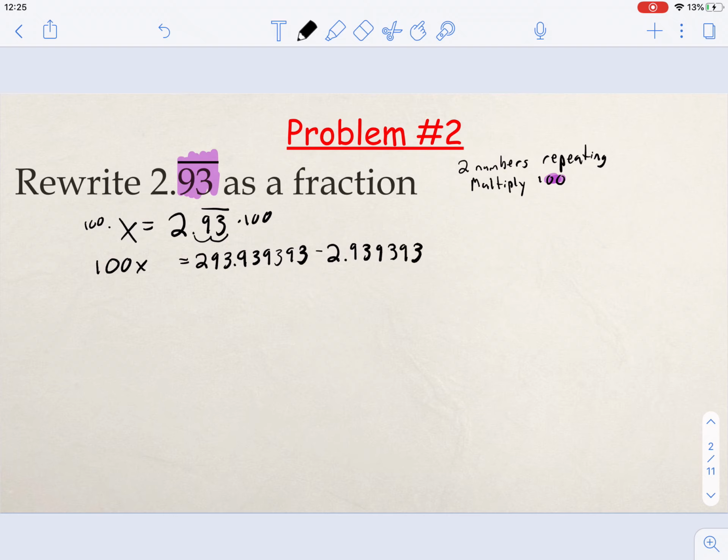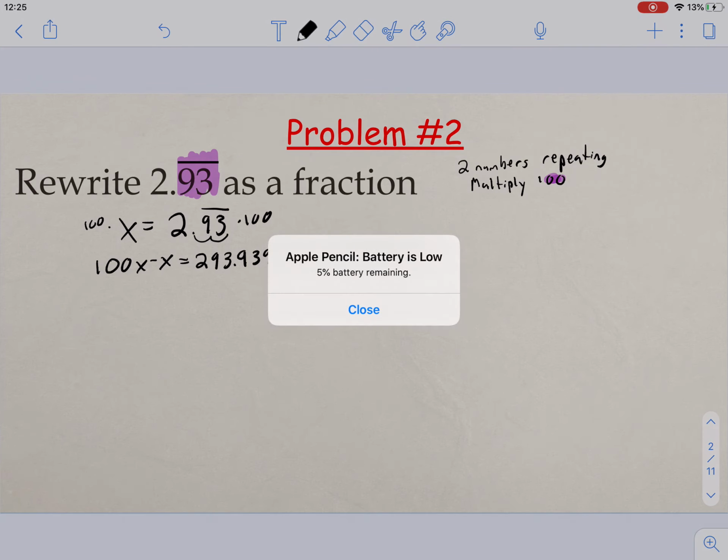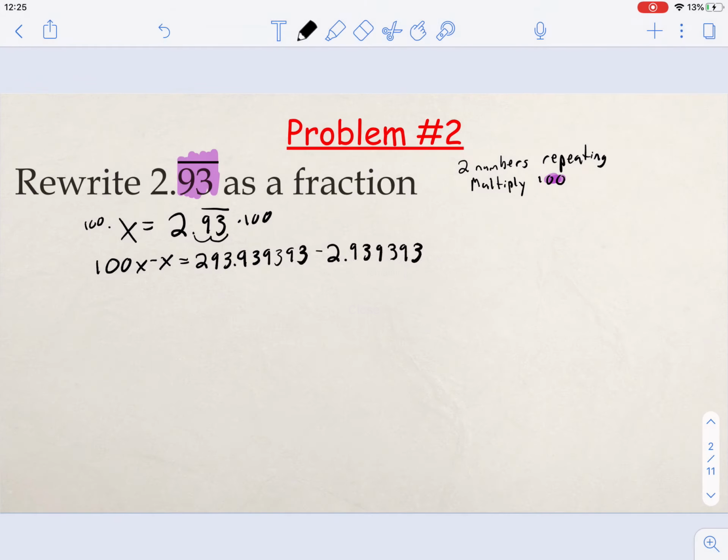Now, since I subtracted that 2.93 from the right, I'm going to subtract it from the left. But in this case, I'm just going to subtract it as x. 100x minus x gives me 99x equals this 293.93 repeating.